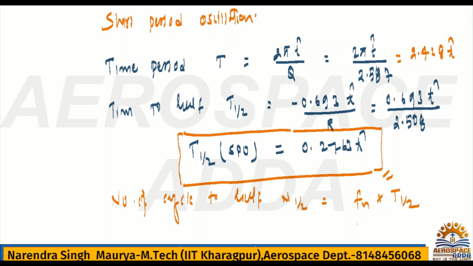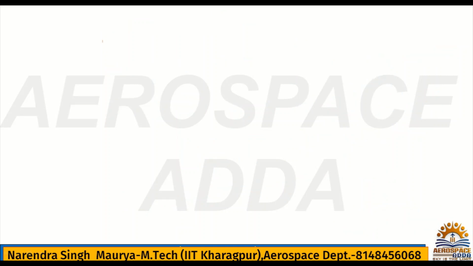Fn is the natural frequency, and you have to calculate this value. What is the natural frequency? It is omega n by 2 pi into T half, which is nothing but, just now you have calculated, 0.2763 T cap.